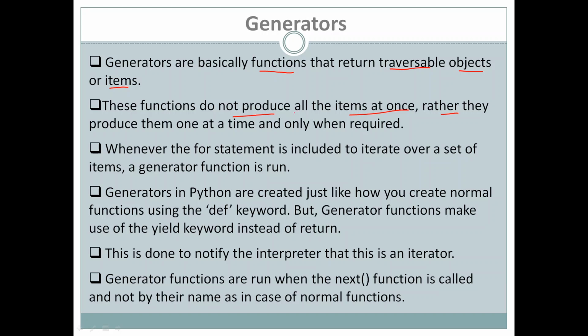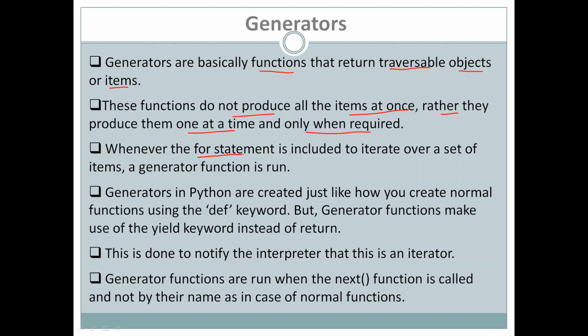Rather, they produce them one at a time and only when required. So a generator function will not produce all the items at once, it will simply send us one item at a time. Again, that depends on the yield statement which is included in the function.